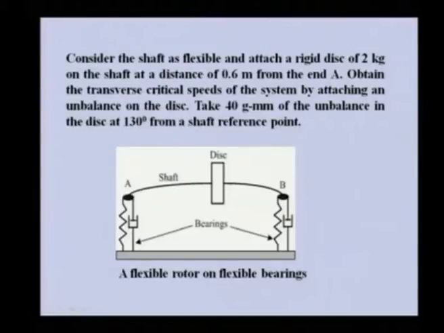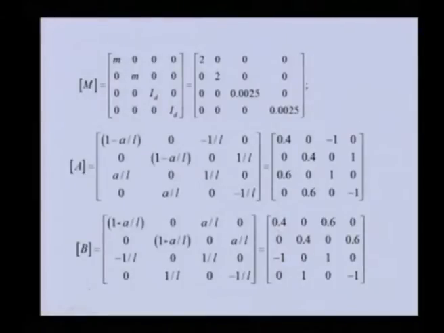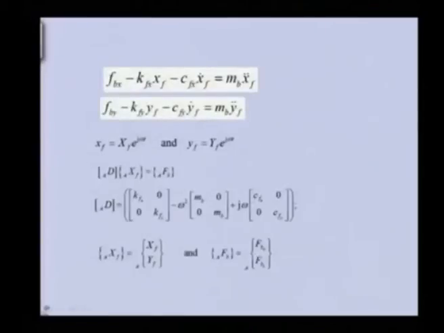So now let us write the various matrices. The mass matrix, which we defined earlier, will be this. Let us go back and see what the various matrices are, like the A matrix and B matrix, just for recapitulation.